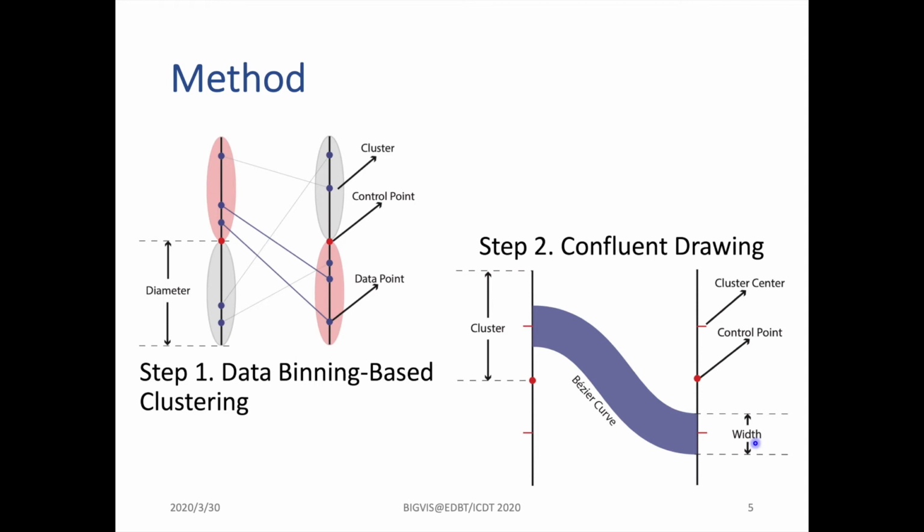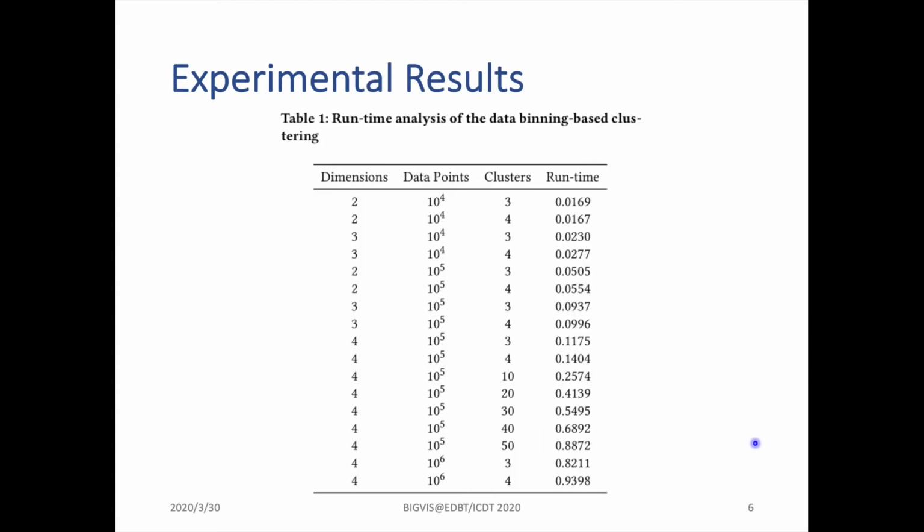In our approach, the combination of data binding-based clustering and confluent drawing is the basis for the real-time interactions. These two steps together reduce much computation time and rendering time for large datasets, which is proved by several experiments. Next, I will share with you the result of these experiments.